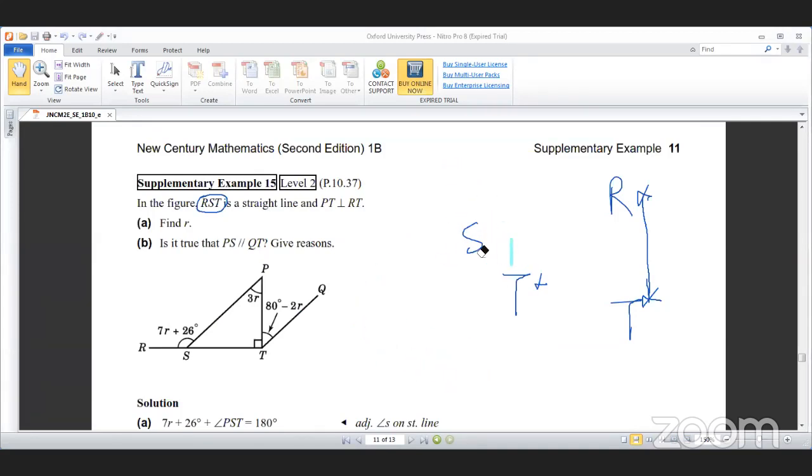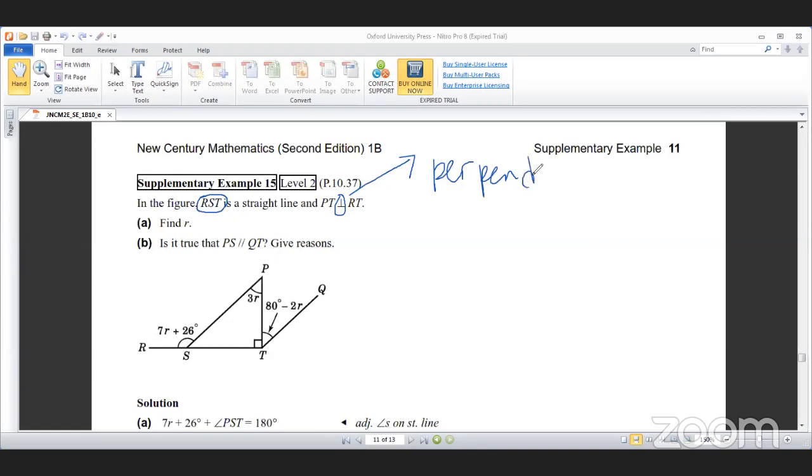And then PT is perpendicular to RT. PT is perpendicular to RT. The symbol for perpendicular. Perpendicular means there's a 90 degrees.